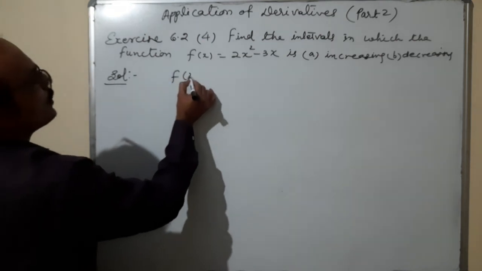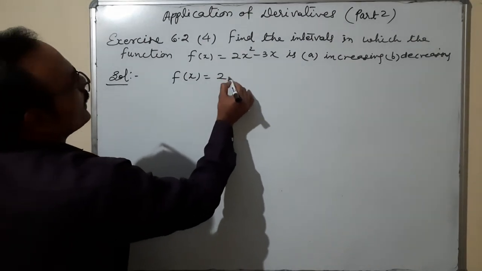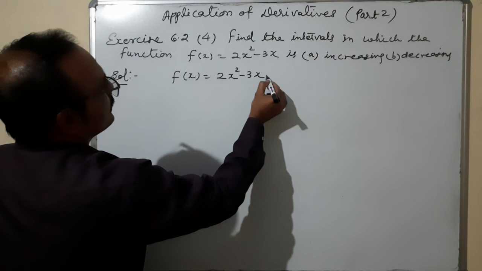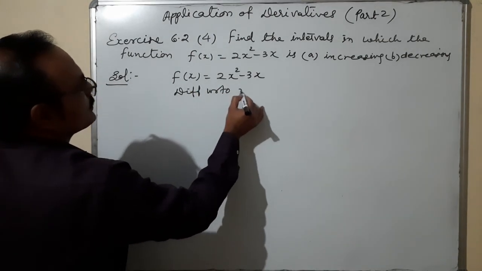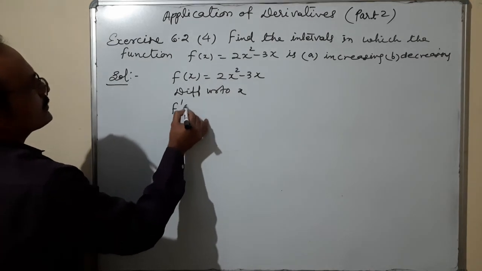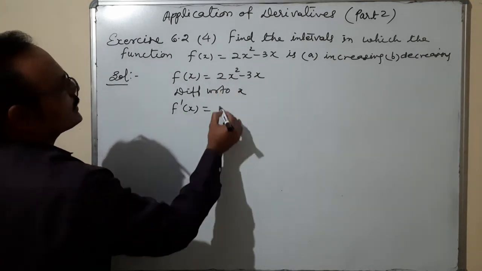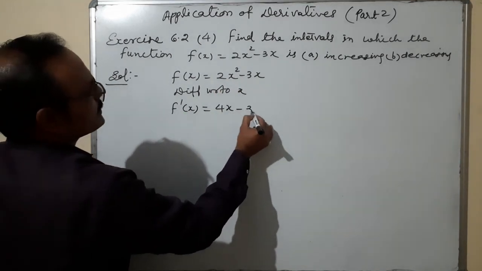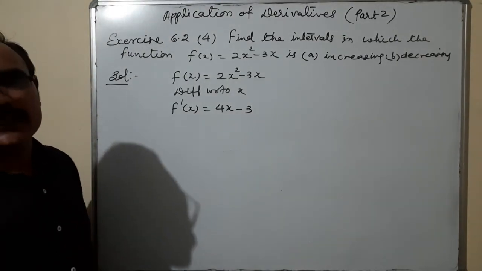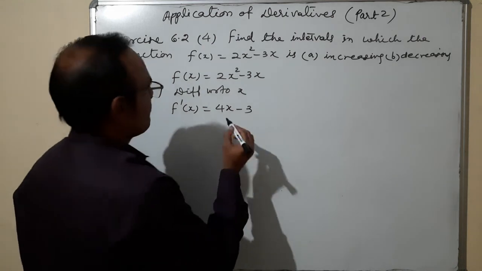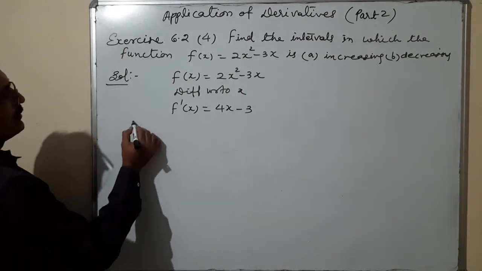f of x is equal to 2x square minus 3x. Differentiate with respect to x for finding f dash x. So f dash x is equal to 4x minus 3.